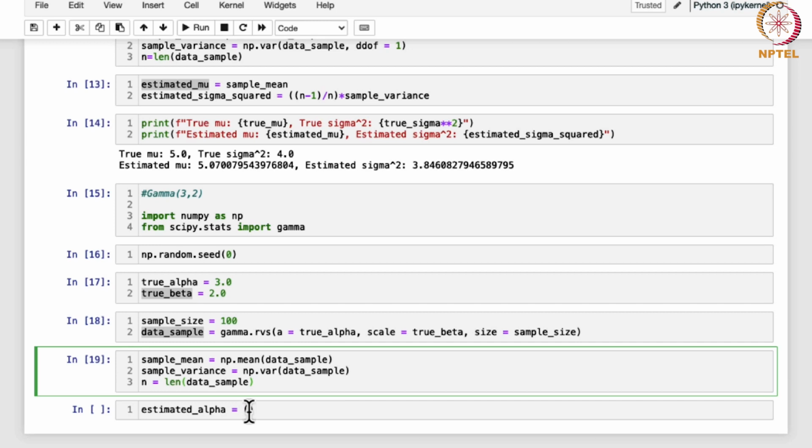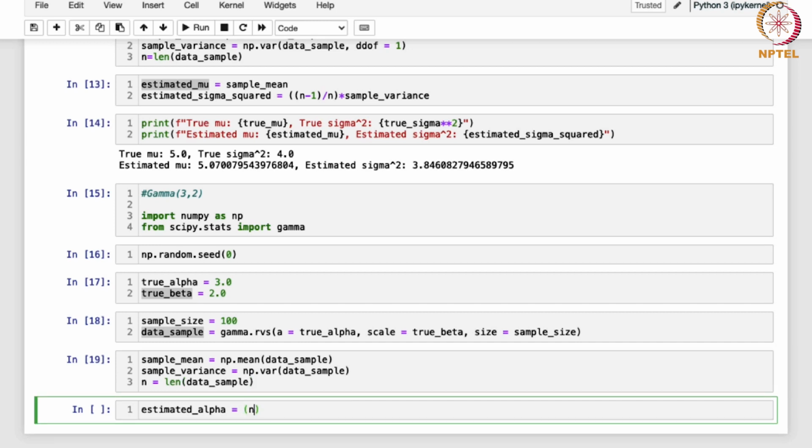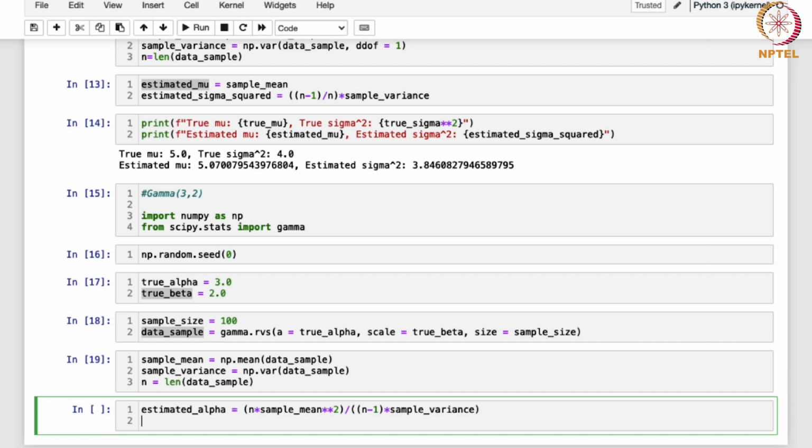So n times the sample mean squared, divided by n minus 1 times your sample variance in the denominator, right?